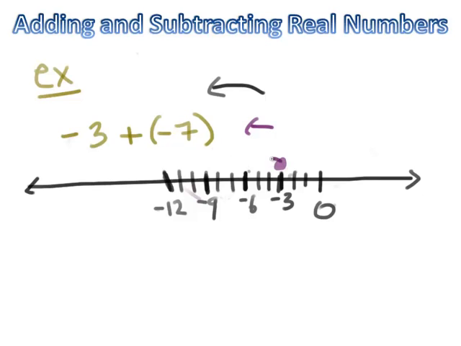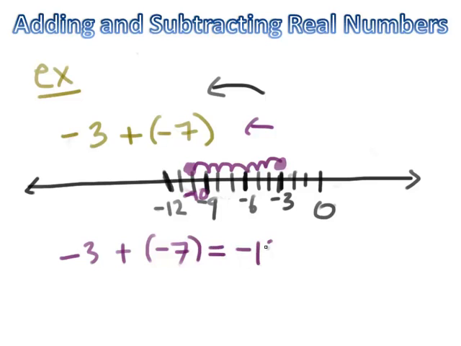So we're gonna hop 1, 2, 3, 4, 5, 6, 7. So our final destination is at -10. Okay, it's -10 right there. Right? So the answer, so let's rewrite this, -3 plus a -7 is equal to -10.